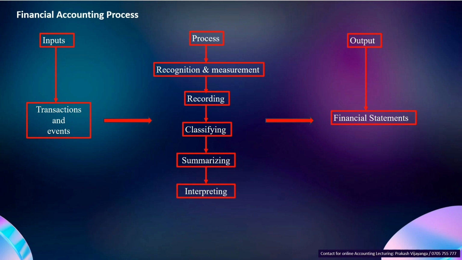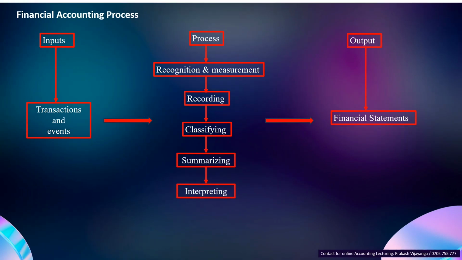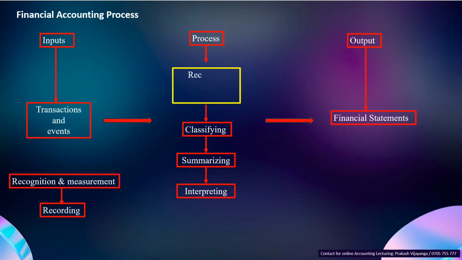Next, I'm going to show you how these organized steps relate to the real world accounting functions. The first one is recognition and measurement, then recording. For both recognition and measurement and recording, the real world accounting function is recording entries in books of primary entry.